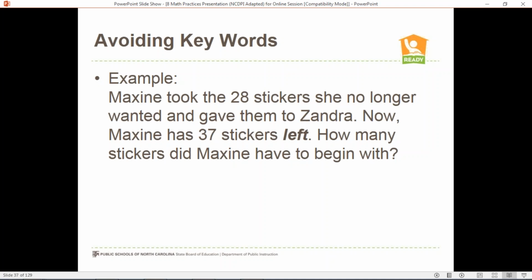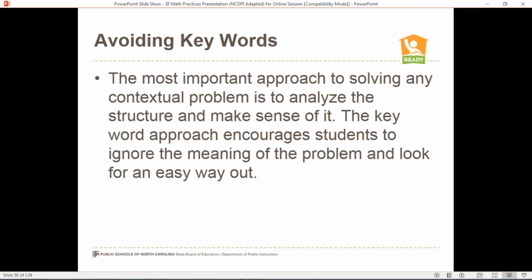So a keyword approach would be to say something like, oh, left, that means remaining, that means subtract. So I'd have 11, and then we'd say, wait a minute, did she have 11 stickers and she gave 28 away? Well, it doesn't make sense, right? If I'm really looking at this in terms of what makes sense, there are so many other strategies like drawing a picture, right? Like all those things we listed in the very first part.